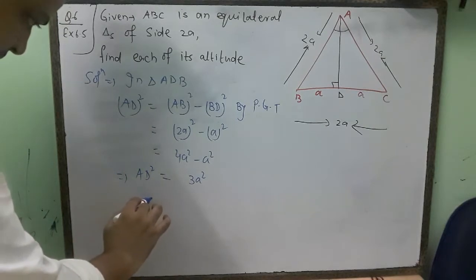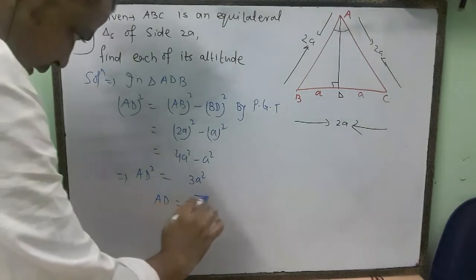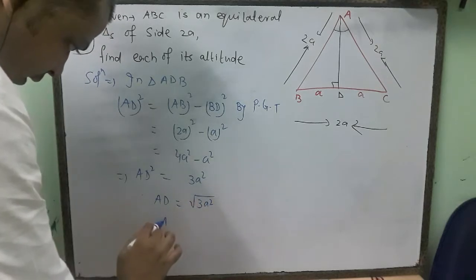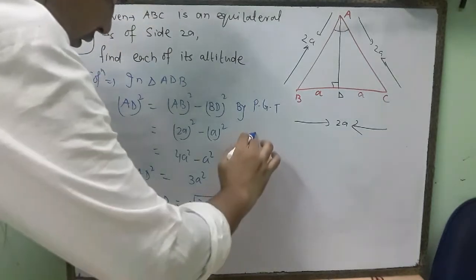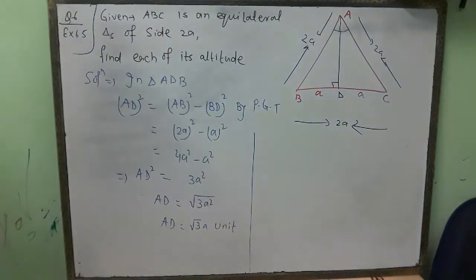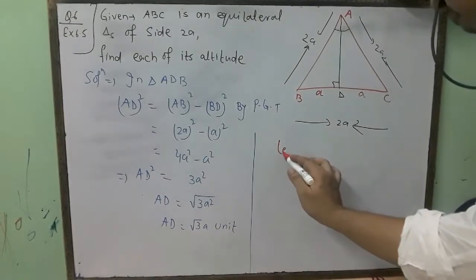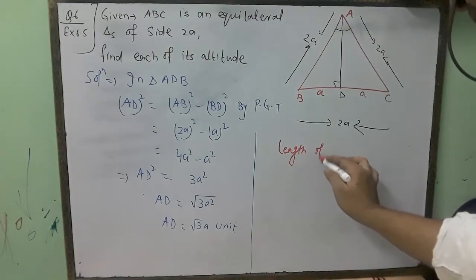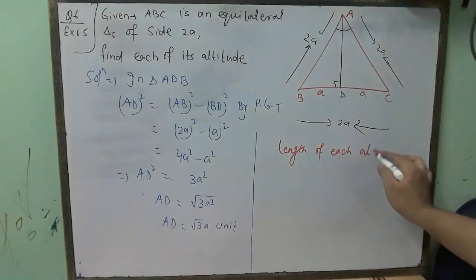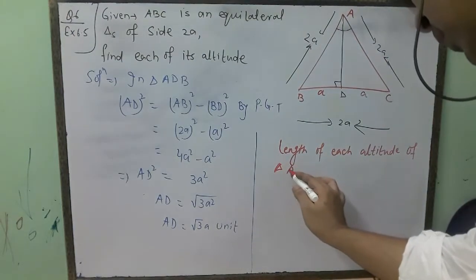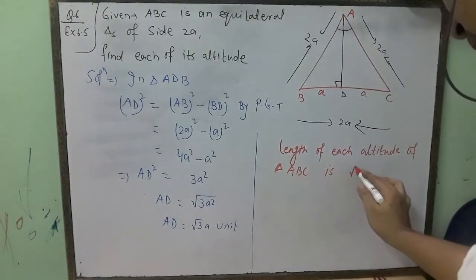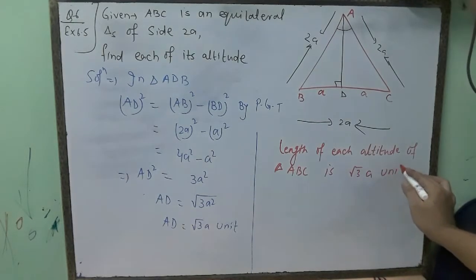So AD will be under root 3A square, so AD will be root 3 A units. So the length of each altitude of triangle ABC is root 3 A units.